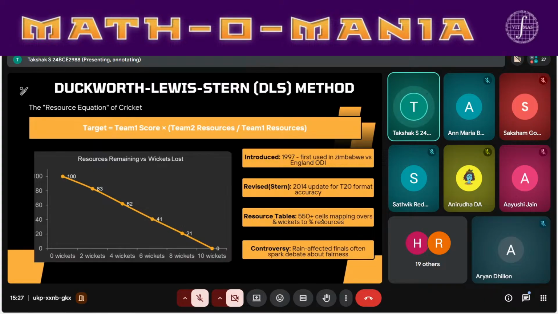If rain reduces team two's available resources, they should not be asked to score as many runs as team one, who had full resources. But they should still be asked to score proportionally to how much of team one's resources they have available. Now, let us look at the DLS resource table to understand how percentages are determined.